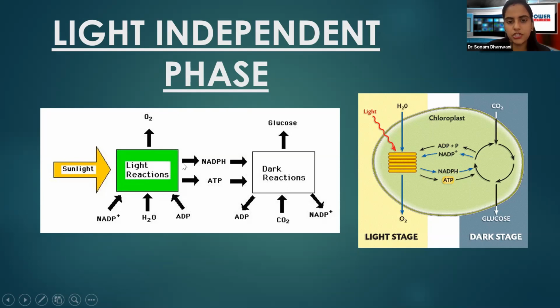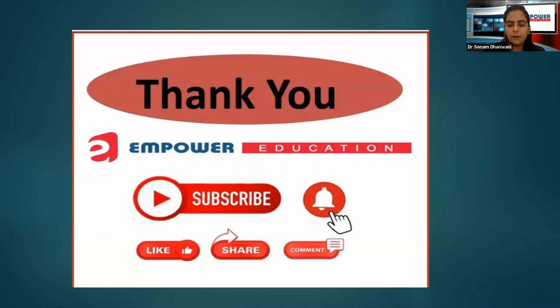NADP with phosphorylation gets converted to NADPH, and ADP, that is diphosphate, gets converted to ATP, that is adenosine triphosphate. And this NADPH and ATP are then used in this light independent phase. Okay, and क्या होता है then वहां पे, what is the basic product of light independent phase is glucose, or you can call it starch, or you can call it carbohydrates.